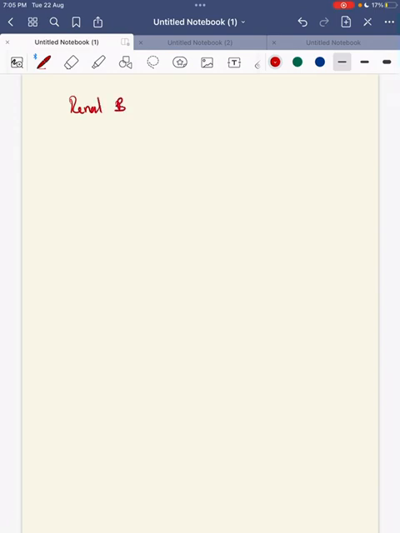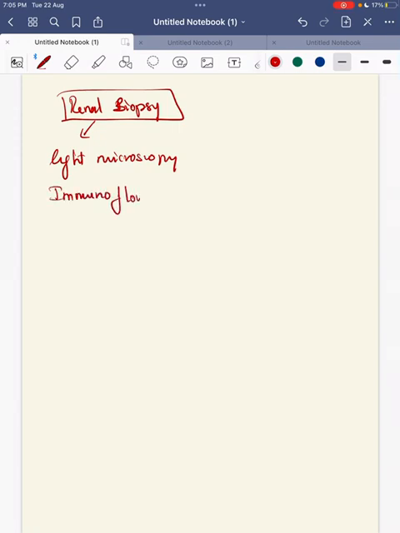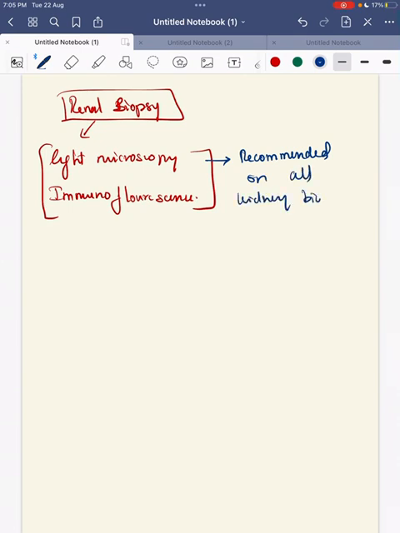In renal biopsy, what will they see? What are the samples subjected to? They are subjected to light microscopy and immunofluorescence. Both are recommended on all kidney biopsies. Next is electron microscopy.